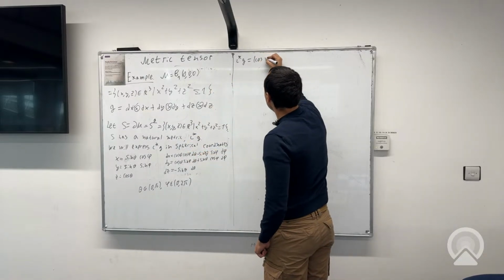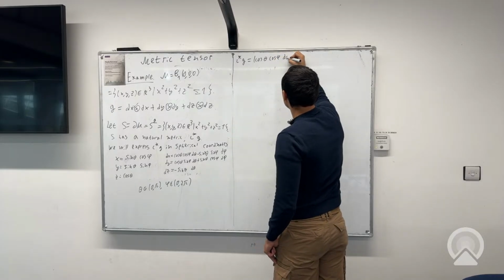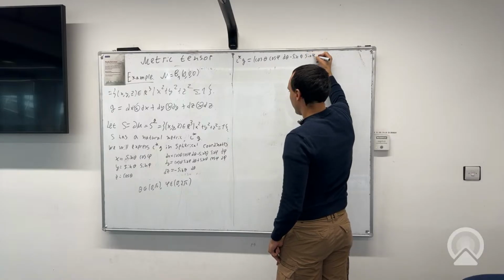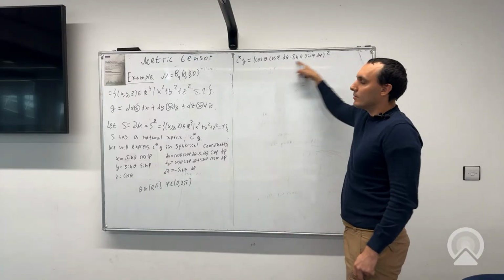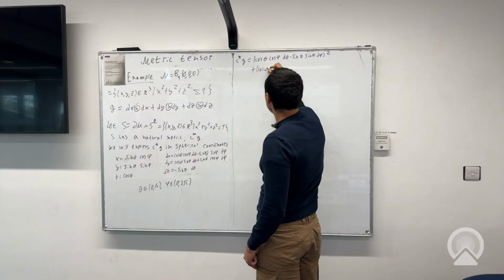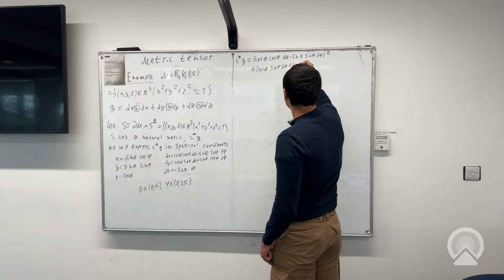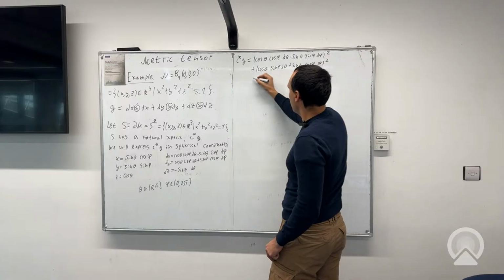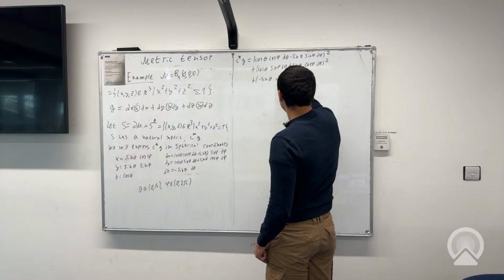So this is (cosine theta cosine phi d theta minus sine theta sine phi d phi) squared, plus (cosine theta sine phi d theta plus sine theta cosine phi d phi) squared, plus (minus sine theta d theta) squared.